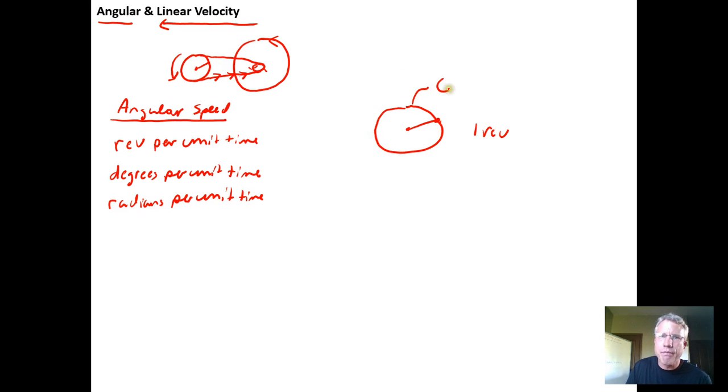The circumference of a circle is given by 2 times pi times the radius of that circle. So in a single revolution, you traveled this many linear distance units, whether it's inches, feet, centimeters, millimeters, whatever your linear distance measurement is. So we can convert between angular and linear speed by understanding that we travel the circumference of the circle every time we do one revolution.